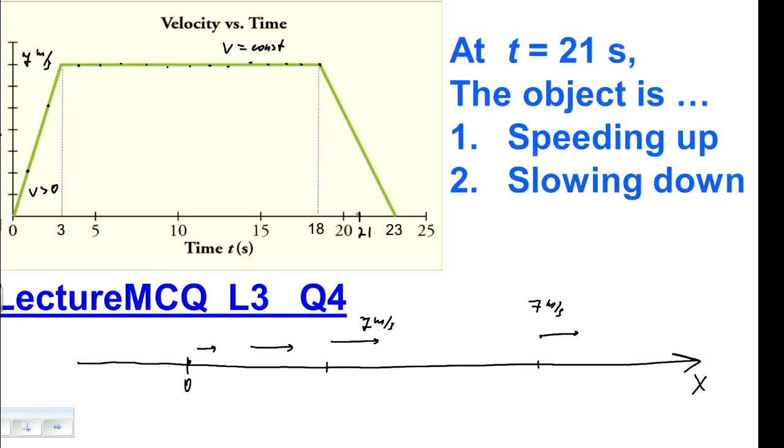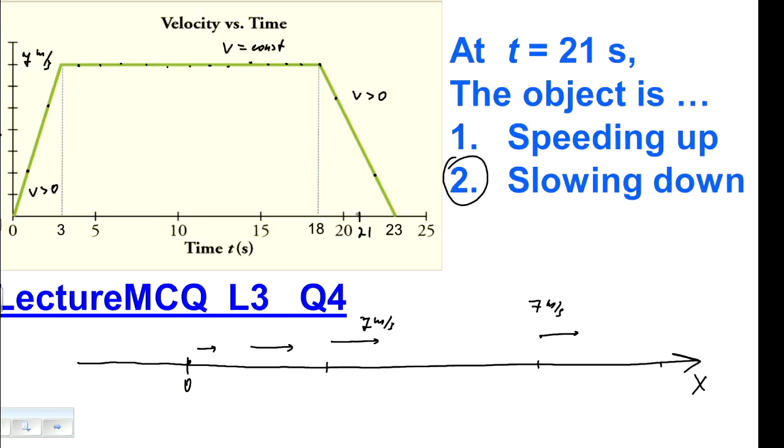And starting from this point, does it move to the right or to the left? It still moves to the right. The velocity is still positive. But how does it change? High velocity, low velocity. So it's slowing down. That's the right answer, right?